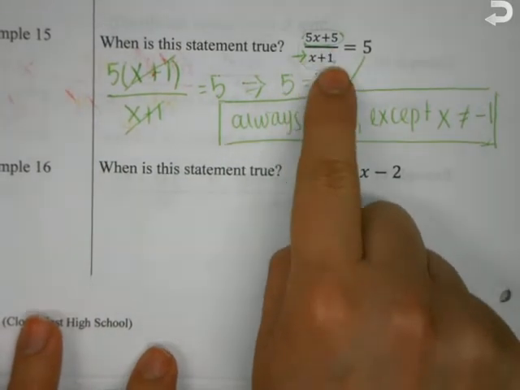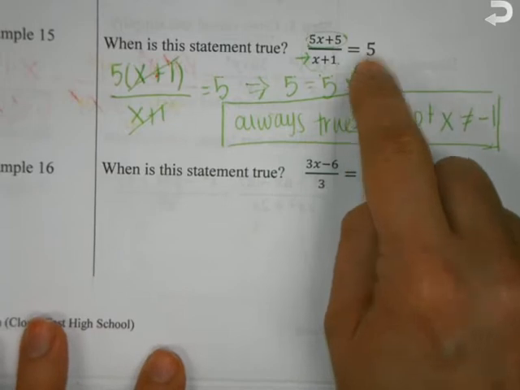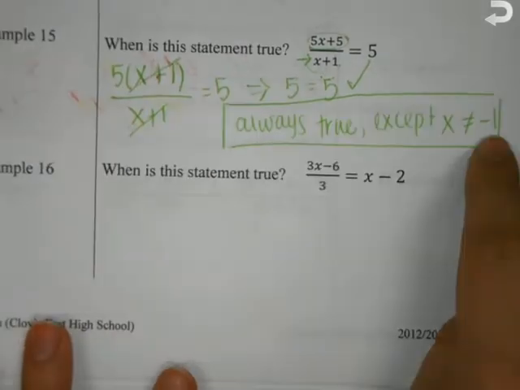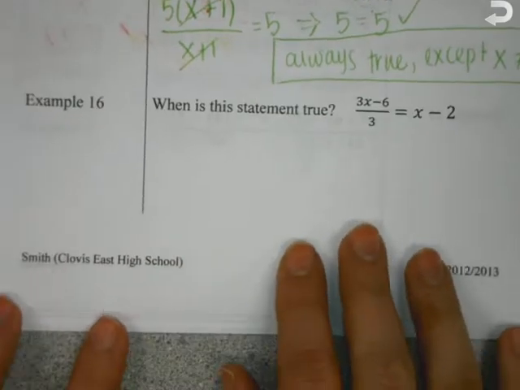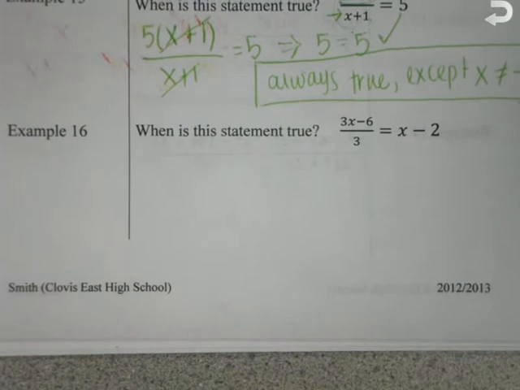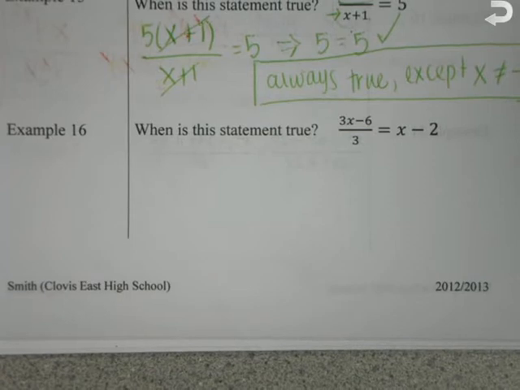3x minus 6 all over 3. What could I do there? Yep, there's a GCF. So factor out a 3, and that gives me 3 times x minus 2 all over 3 equals x minus 2. The 3's cancel, so I get x minus 2 equals x minus 2.